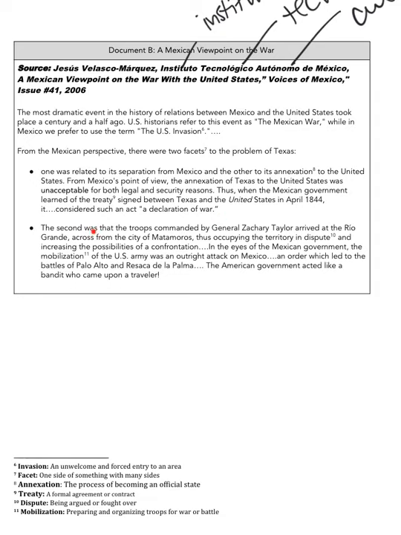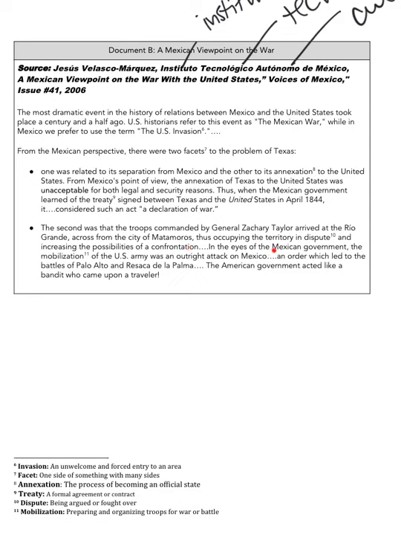The second was that the troops commanded by General Zachary Taylor arrived at the Rio Grande across from the city of Matamoros, thus occupying the territory in dispute. Dispute means being argued or fought over. So occupying the territory in dispute and increasing the possibilities of a confrontation.